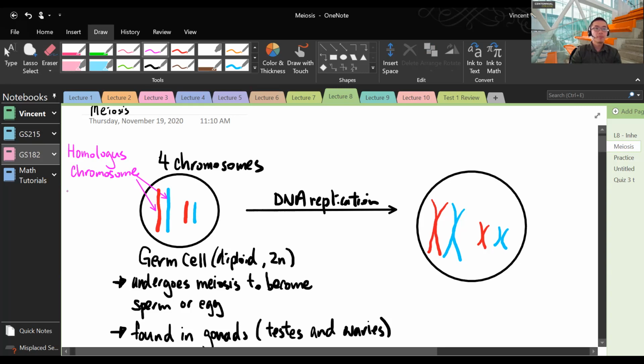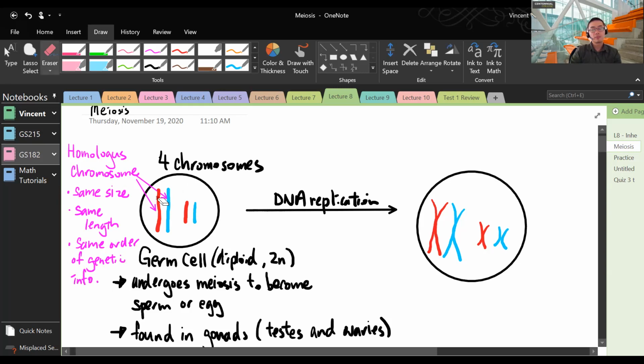What does it mean? It means they're the same size, the same length, and the same order of genetic information.